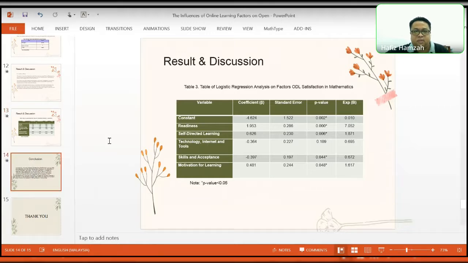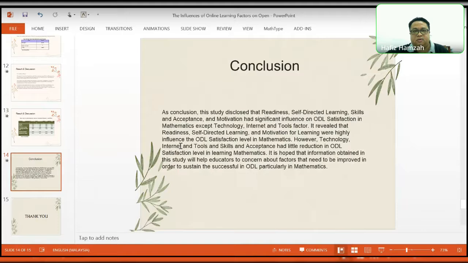So for the conclusion part, this study disclosed that readiness, self-directed learning, skill and acceptance, and motivation have significant influence on ODL satisfaction in mathematics, except for technology, internet, and tool factors. So it revealed that readiness, self-directed learning, and motivation for learning will highly influence ODL satisfaction in mathematics.